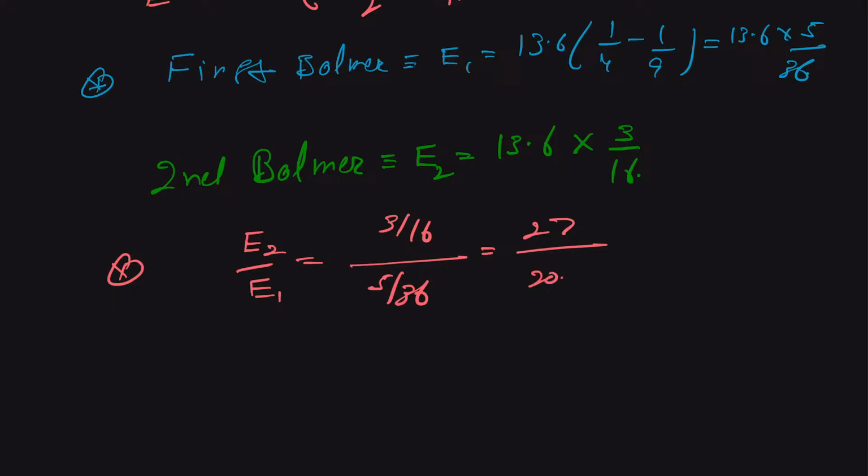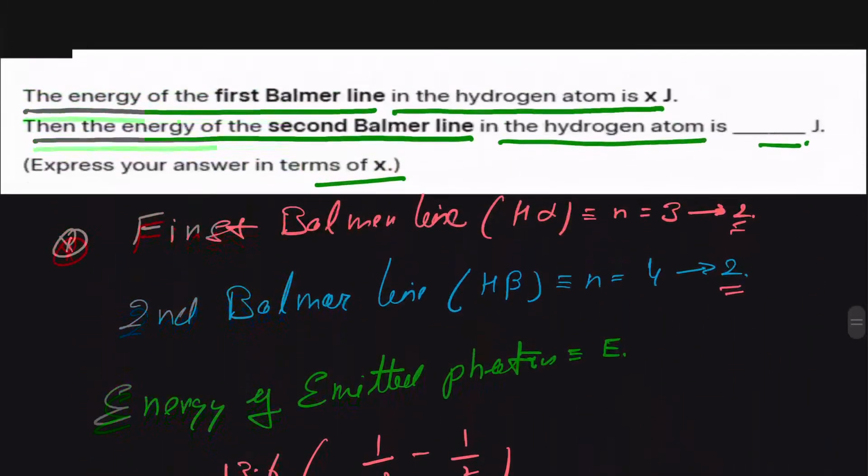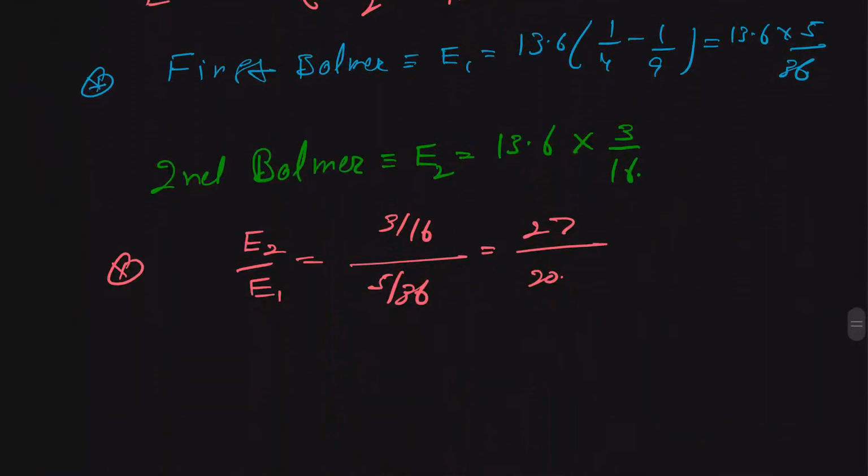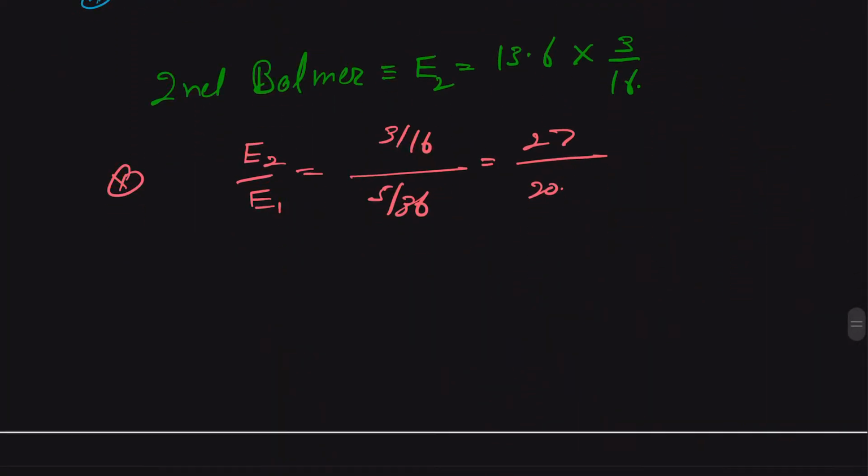Okay. And first Balmer is given as our X, so E1 is our X, therefore we can say that our E2 will be equal to 27 upon 20 times X.